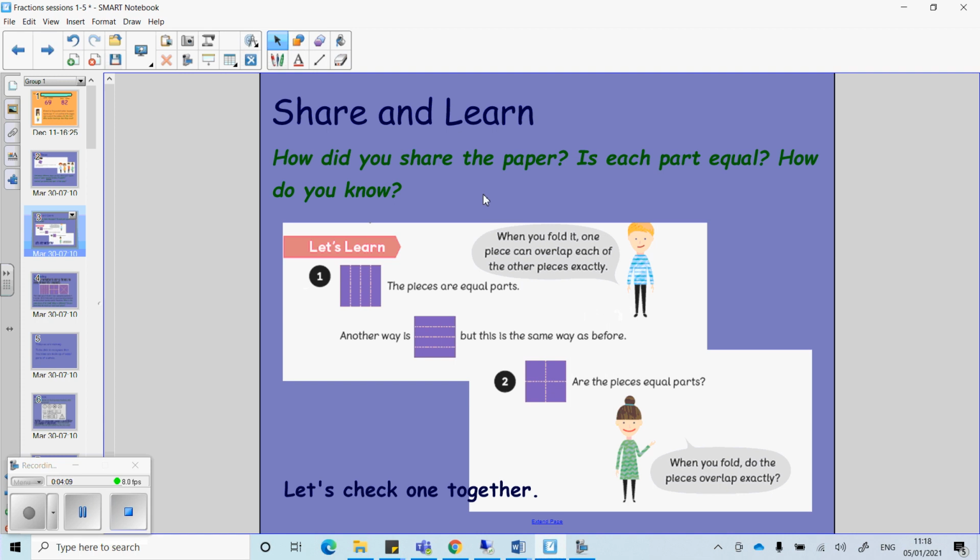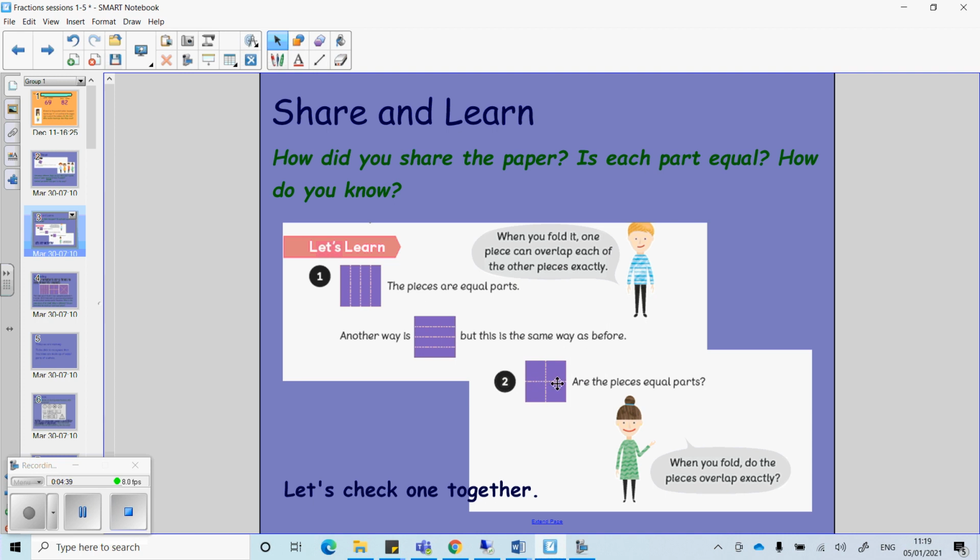Maybe your paper looks like one of these pictures. We could fold in to half and then fold into halves again. That would make 4 equal columns. These pieces are equal. Another way is like this, to make 4 equal rows, but this is the same way as before.